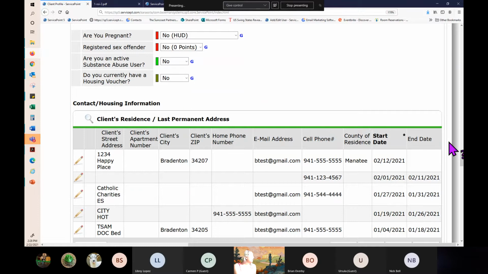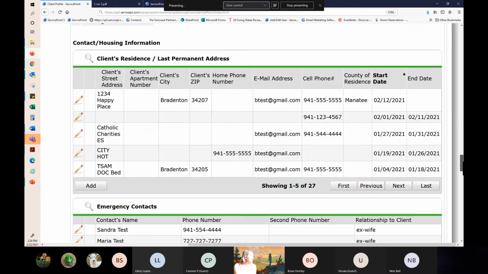From here, our contact information. This is such a huge part of the client's story. I understand that this information here says last permanent address. I would like everybody to just disregard the last permanent address and use this as your client's contact information.